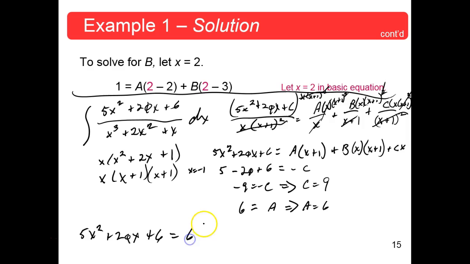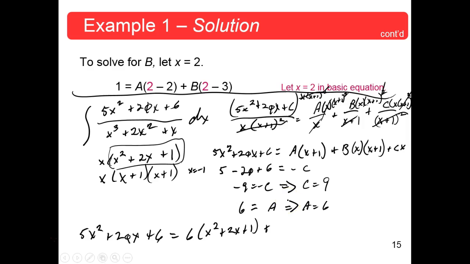So it's 6, and let's square x plus 1. What is it? x squared plus 2x plus 1, plus B.